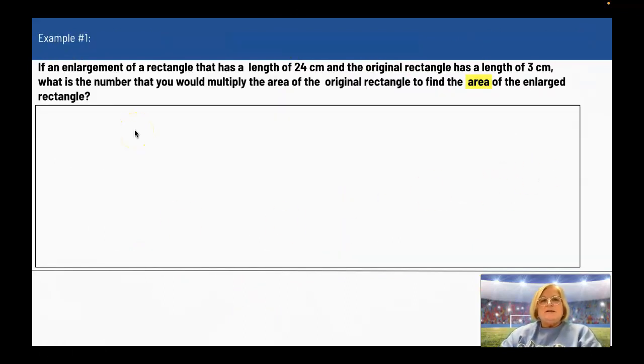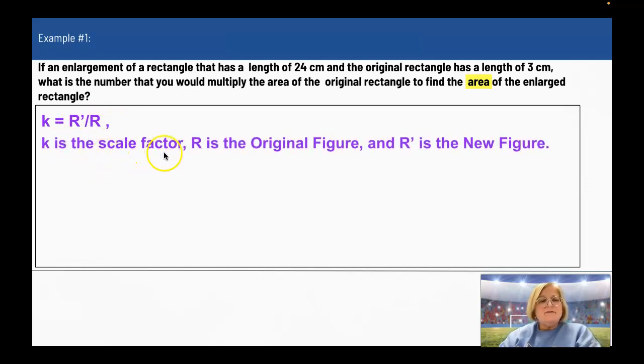If an enlargement of a rectangle has a length of 24 centimeters and the original rectangle has a length of 3 centimeters, what is the number that you would multiply the area of the original rectangle by to find the area of the enlarged rectangle? So K is my R prime divided by R, my new region divided by my original region. K is the scale factor. R is the original figure and R prime is the new figure.